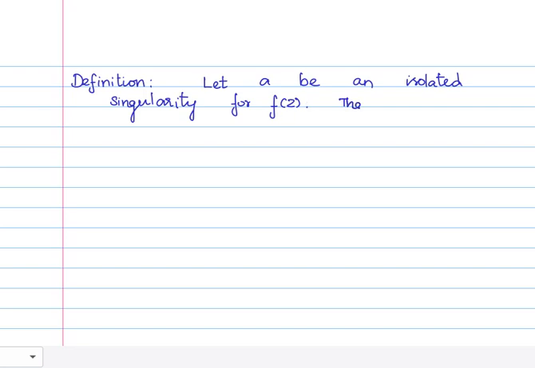Then the residue of f of z at A. So A is some point in the complex plane.